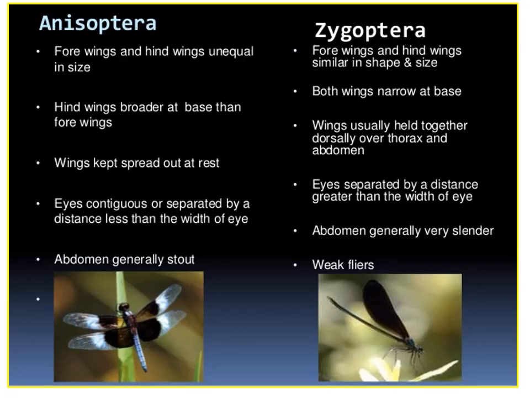In this slide, you can easily differentiate the dragonfly from the damselfly. So you know that Anisoptera is the suborder of dragonflies, and Zygoptera is related to the damselflies. So how can we differentiate? First of all, it is very easy to differentiate between Anisoptera and Zygoptera by their flight.